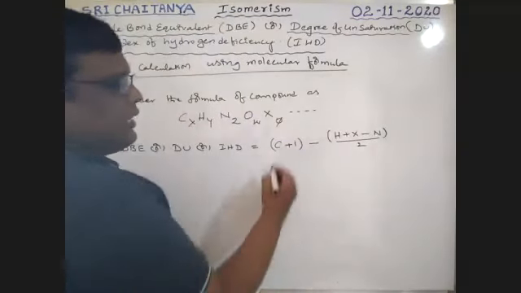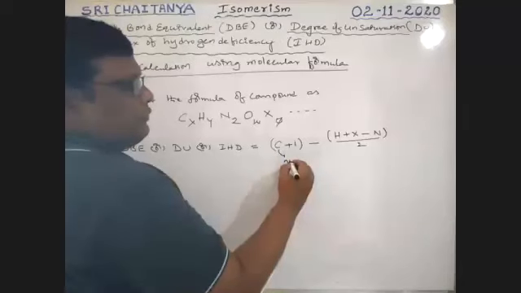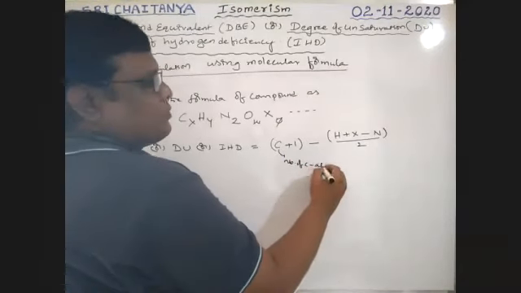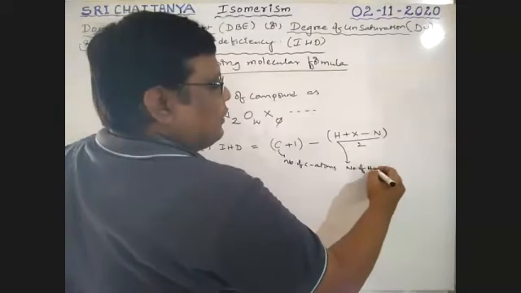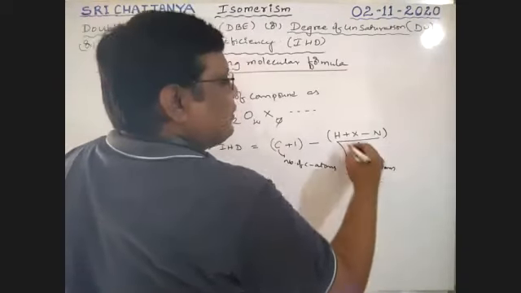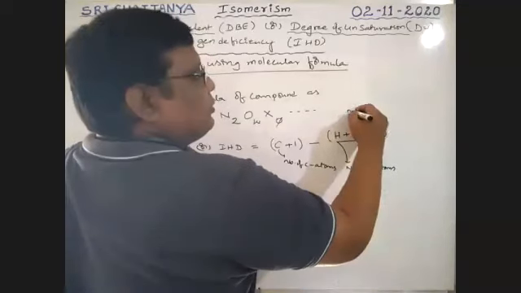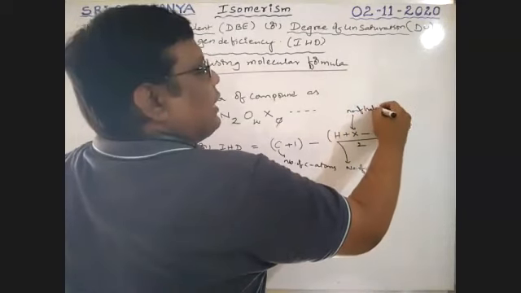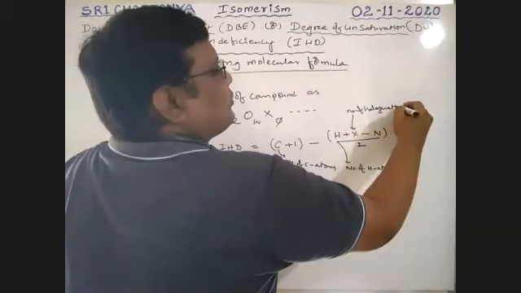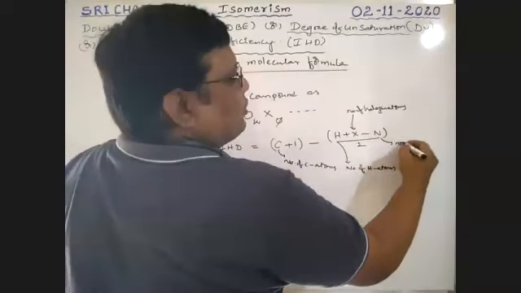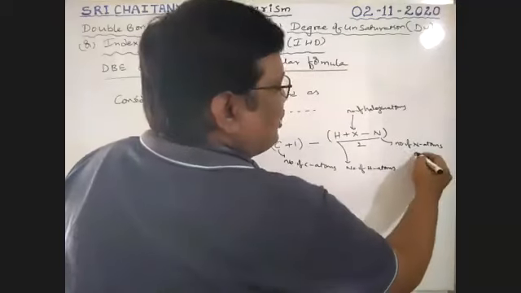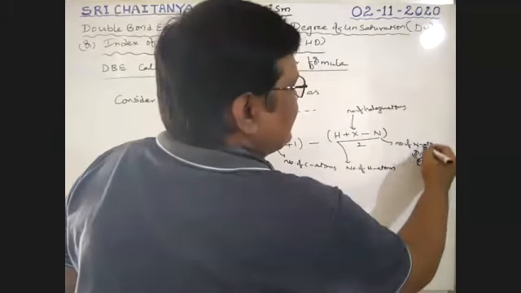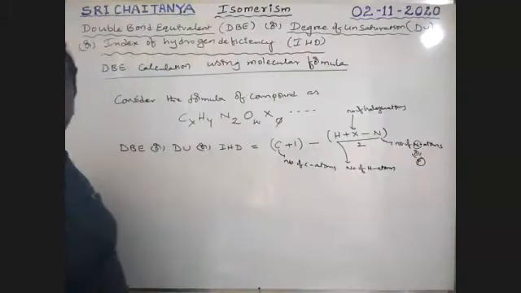Okay. So C is equal to number of carbon atoms. H is equal to number of hydrogen atoms. Halogen is equal to number of halogen atoms. N is equal to number of nitrogen atoms. Nitrogen or phosphorus, boys, both have same valency. Nitrogen or phosphorus, both are taken.